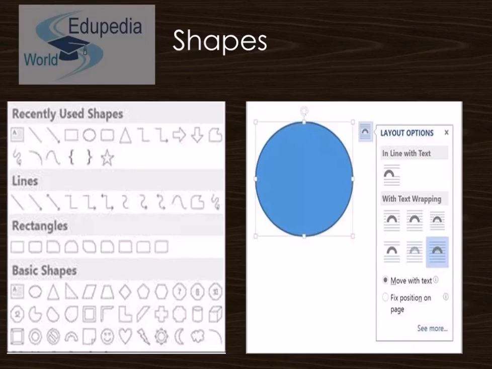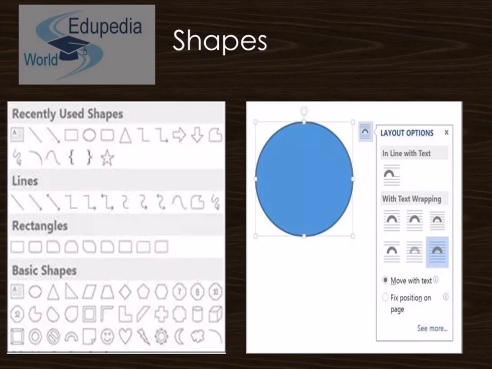Now comes shapes. Microsoft Word comes with an array of built-in shapes which we can use to create callouts, boxes, stars, etc. When you choose a shape, you simply draw it on a blank space on the page and can adjust it in the way you want to adjust it in your document.